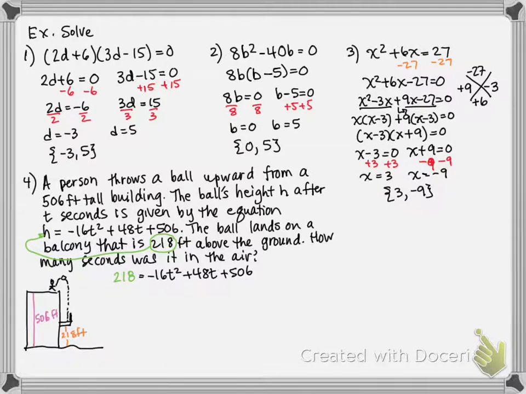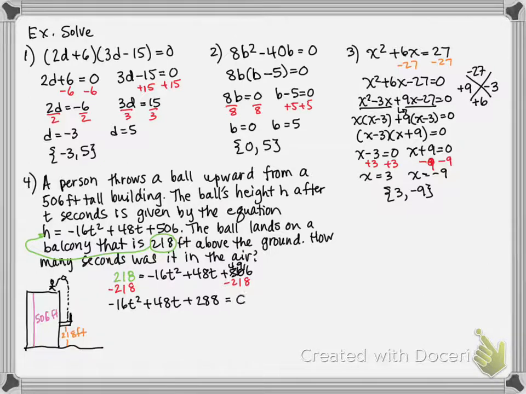So what we're going to do is get everything on one side, 0 on the other, and then I'm going to rearrange it so that it's polynomial on the left. So I'm going to use the symmetric property. I get negative 16t squared plus 48t, and then plus, and then I have to do a little math over here. I have to rename, so I get an 8, an 8, and a 2.